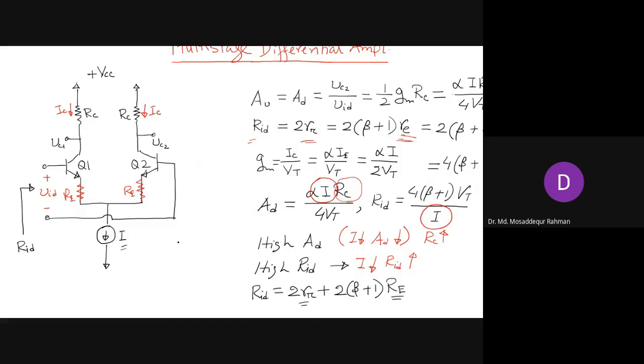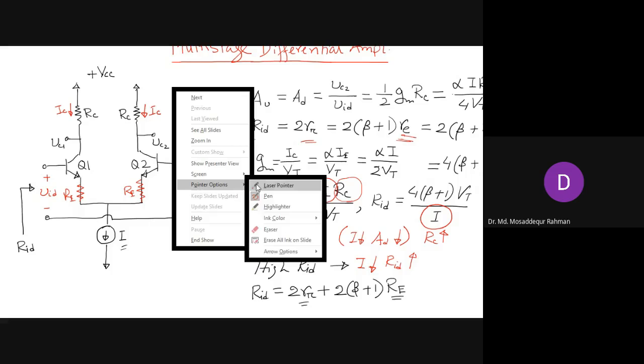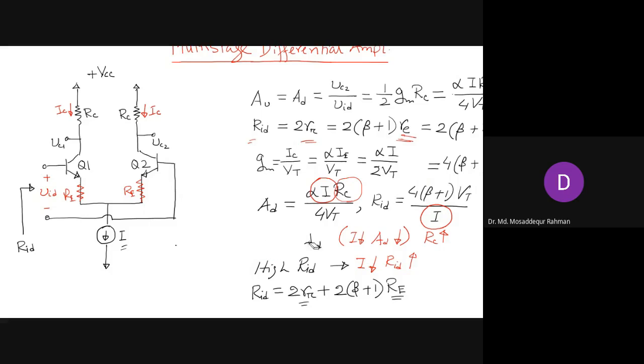Will it have any effect on the gain? The term RE will come in the denominator.